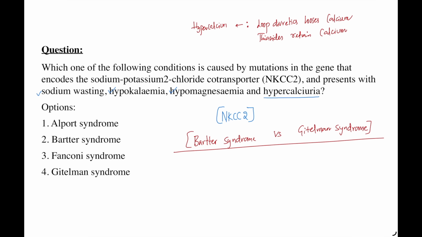That means a greater amount of calcium is lost in the urine. When thiazides retain calcium, it causes hypocalciuria or hypercalcemia. When more calcium is in the urine, this leads to the formation of renal stones.